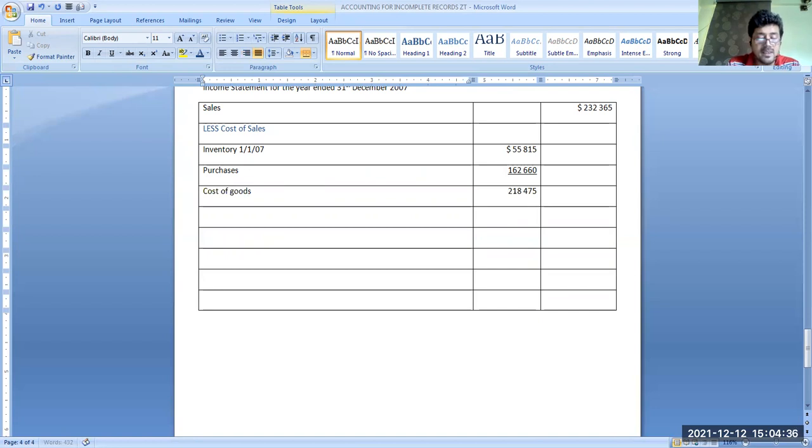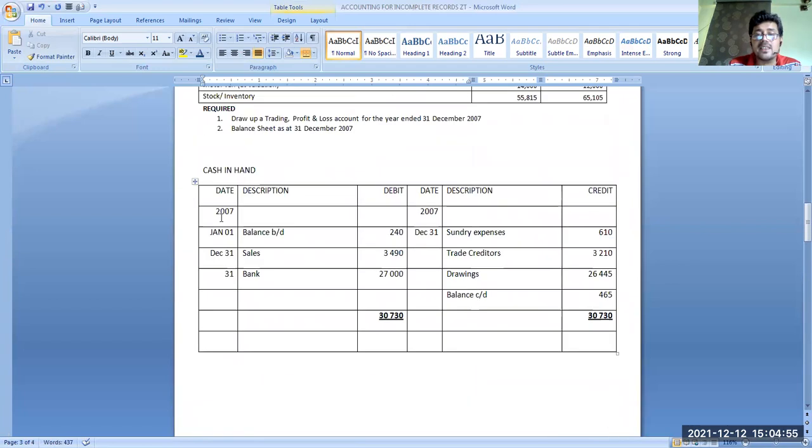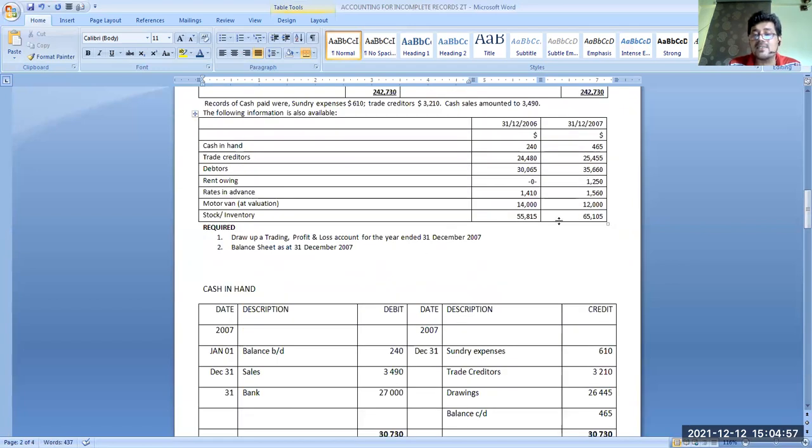Now, less, we have to deduct closing inventory, and the date would be 31st December 2007. So what is the amount of closing stock or inventory in the question? This is 65,105.